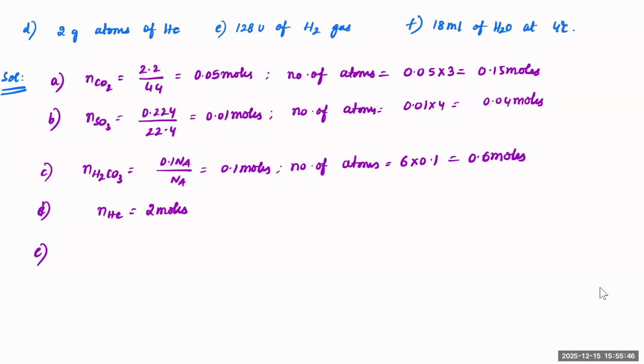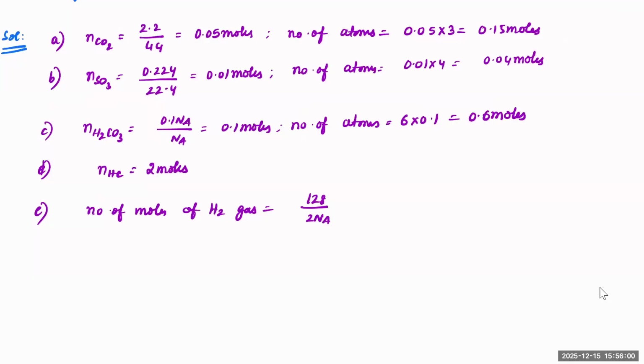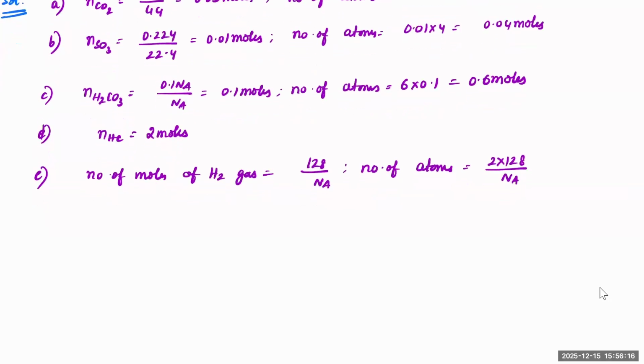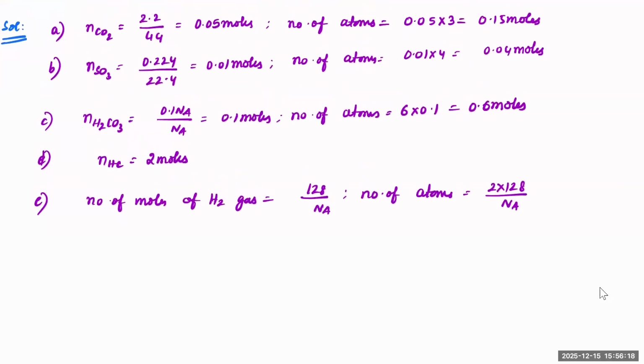So the number of moles of H2 gas will be equal to 128 divided by 2 Na. Okay, sorry, only Na. This many moles. So the number of atoms will be equal to 2 times 128 divided by Na. These are the number of atoms.